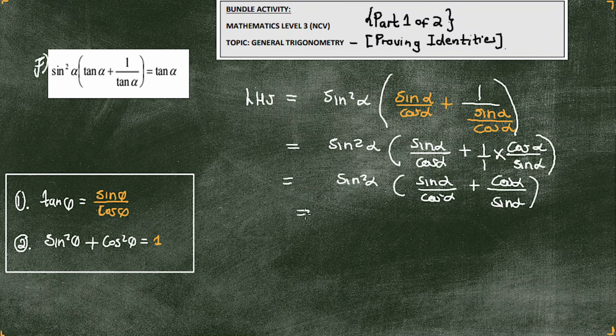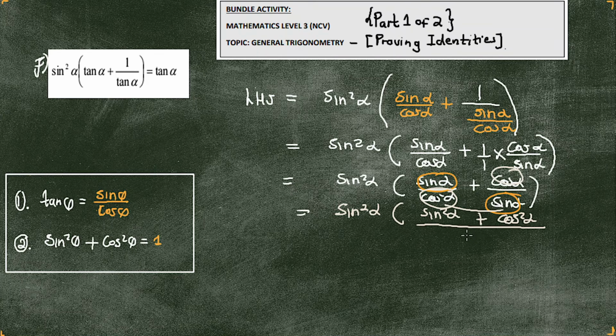Then you tip it, not tip and times, but butterfly method. We are still inside the bracket. It gives us a sine squared alpha plus cos squared alpha over sine multiplied by cos. We end up with sine alpha multiplied by cos alpha.